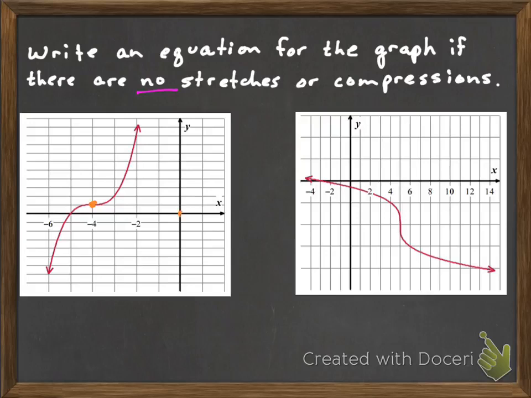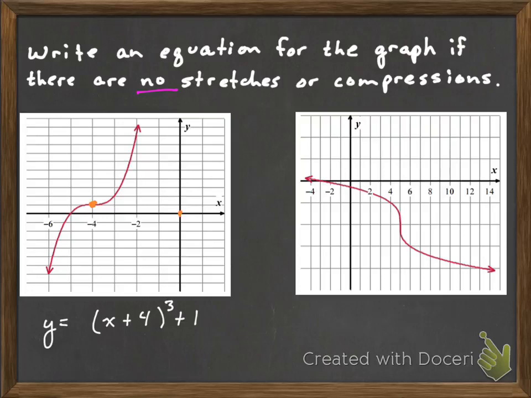So that point is being shifted to the left 4 and up 1. This is a cubic graph, so we can have something cubed. Left 4 is going to be x plus 4, and then up 1 out here. And again, there are no stretches or compressions, so we don't have to worry about the a or b value on this.